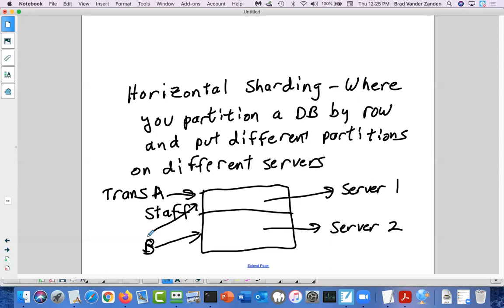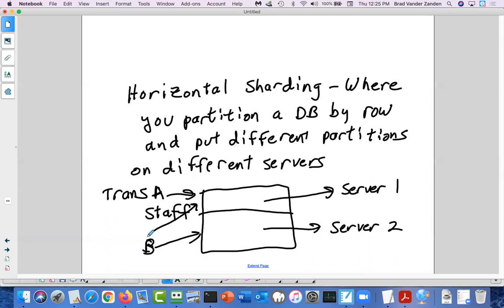While horizontal sharding is a technique that was pioneered by NoSQL databases, it actually isn't exclusive to NoSQL databases. Relational databases have adopted this technique.